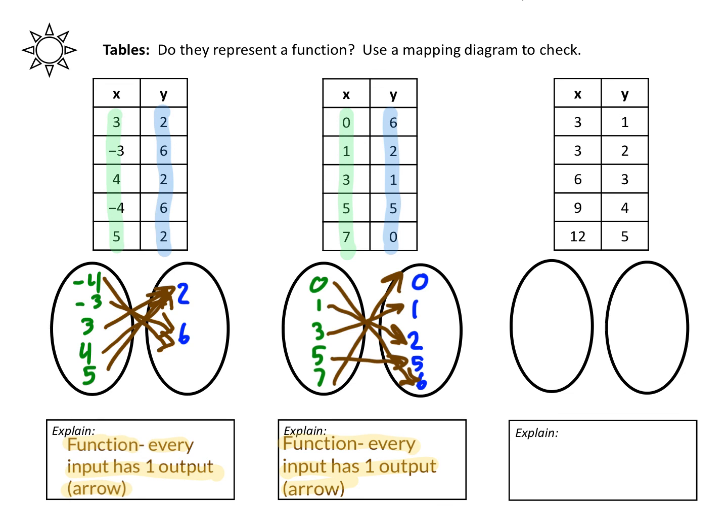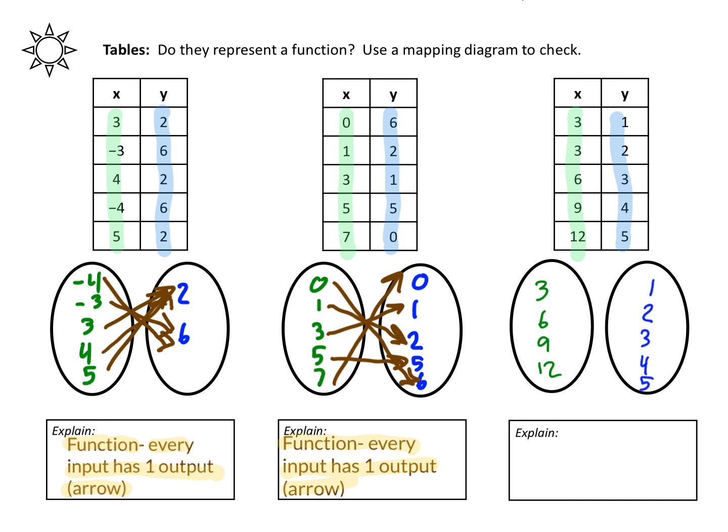Now here, our inputs are x values, so on the left, we're going to write 3, 6, 9, and 12. On the right, we have our y values, so our outputs are going to be 1, 2, 3, 4, 5.